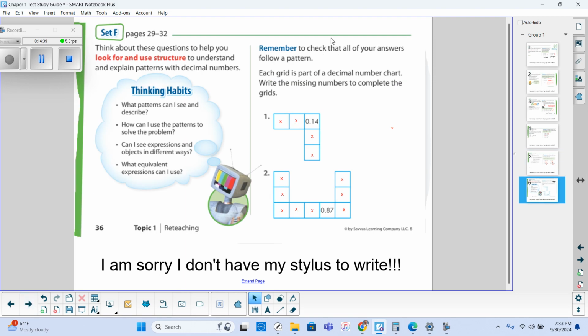Okay. Each grid is part of a decimal number chart. Write the missing numbers to complete the grids. Well, left and right we are counting by hundredths. So if this is 14 hundredths, this one would be 13 hundredths, and to the left of that would be 12 hundredths, 0.12.